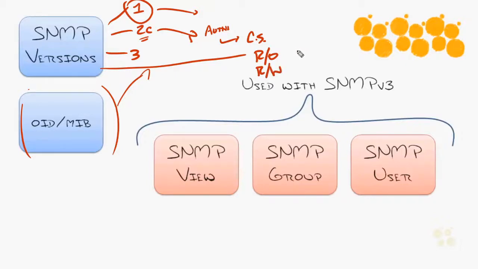And by the way, the default on most devices is public and private. So if you just turn on SNMP on a lot of devices, it will use a default of public and a default of private. Now, read-write SNMP is scary. Here's the idea behind it: SNMP is monitoring, right?